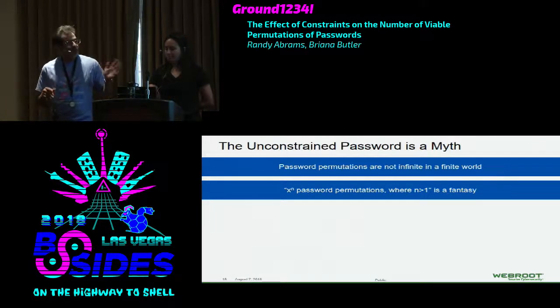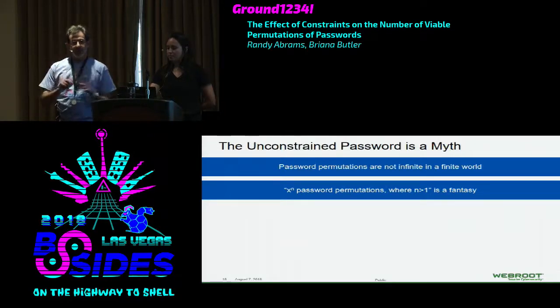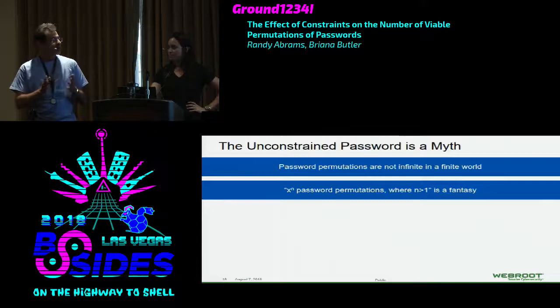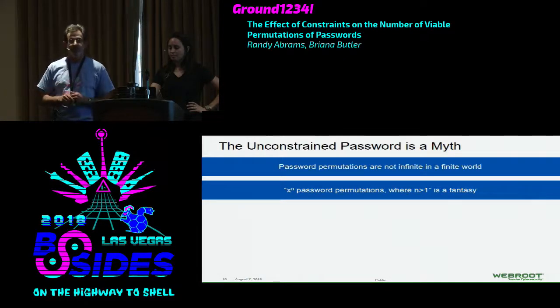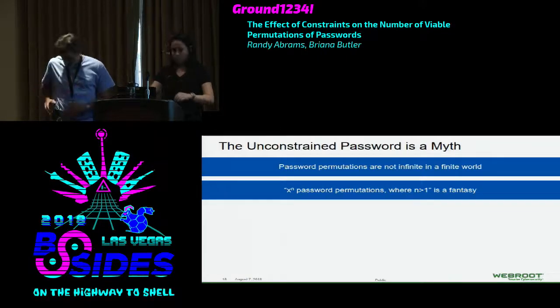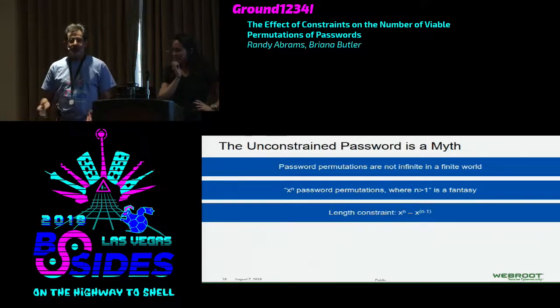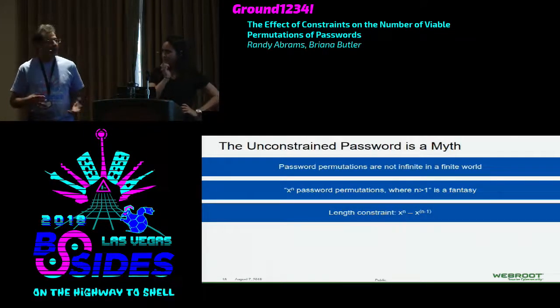So it turns out that if n is 1, n being the number of characters, 95, then yes, x to the n is the maximum number of permutations. But if x is greater than n, that's not true.